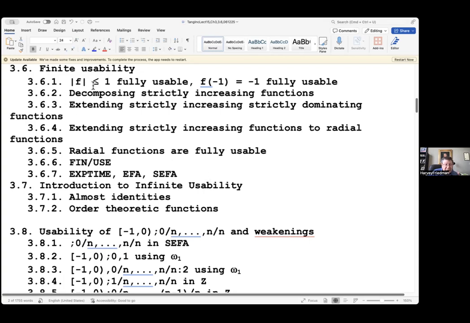So in the finite usability we're going to do, we have a number of sections. It's a bit complicated. So we're going to talk on 361 all the way through 367.